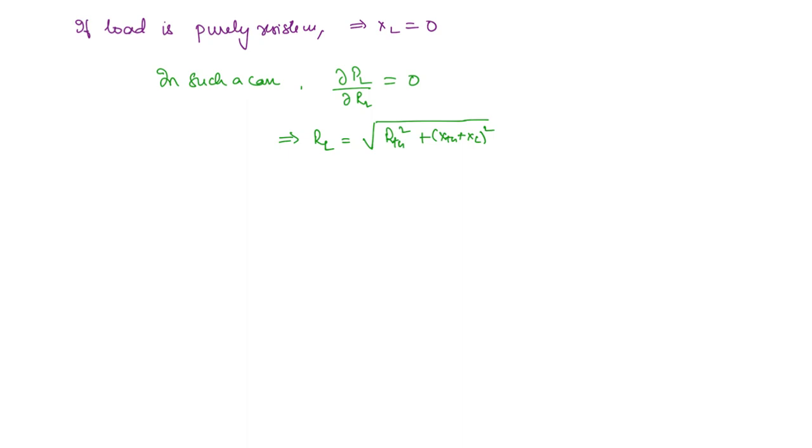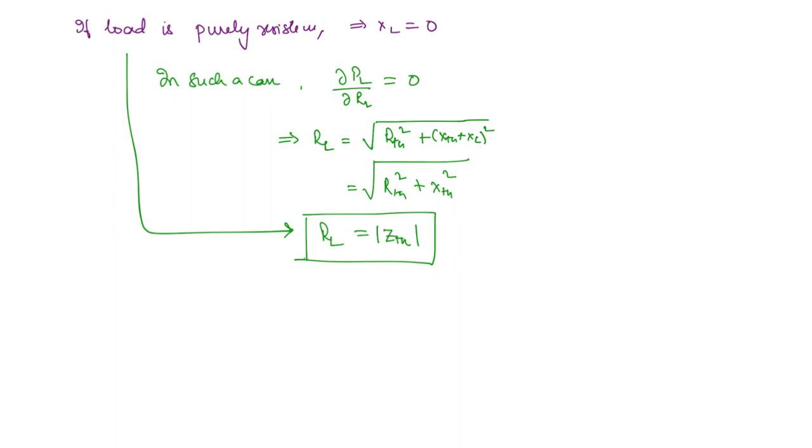Since there is no XL here, we are simply going to get root over RTH square plus XTH square, which is nothing but the magnitude of the Thevenin's impedance. So this is the condition if the load is purely resistive. This is the condition for maximum average power transfer.